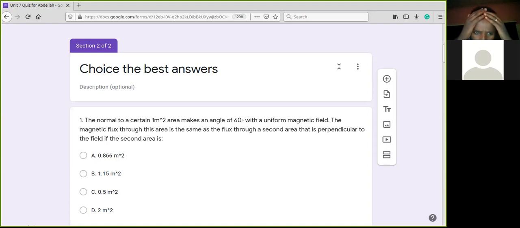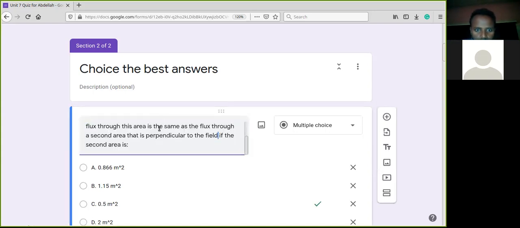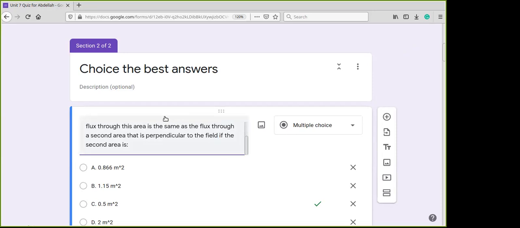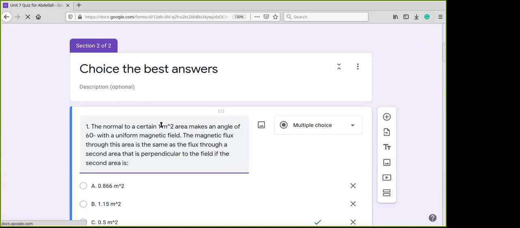Given area 1 is 1 meter square, and theta is 60 degrees.